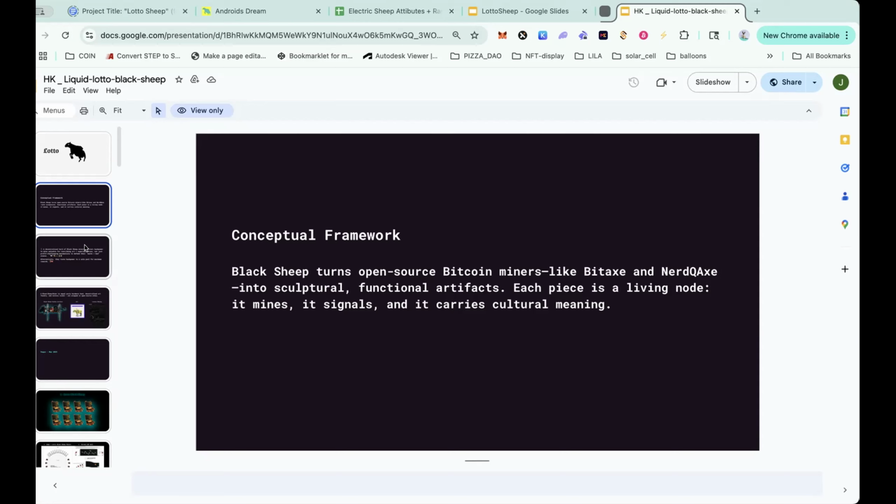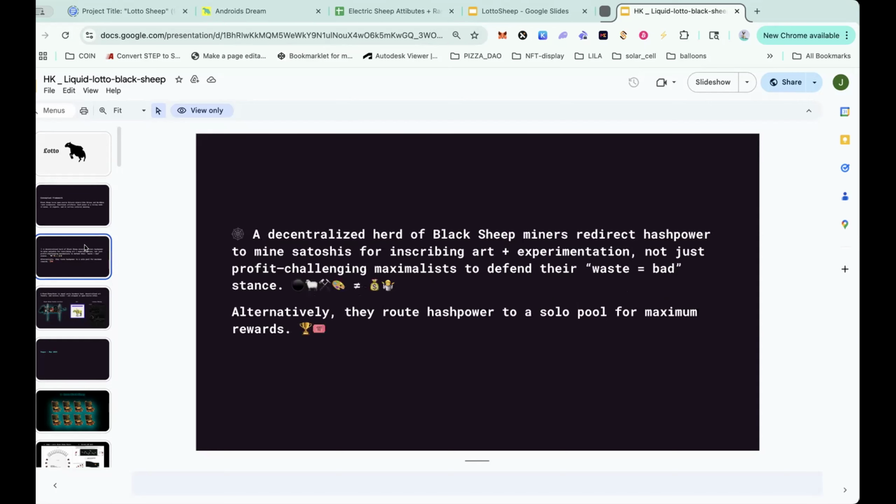Black Sheep turns open source Bitcoin miners like BitAxe and NerdQAxe, which are open source hardware platforms, into sculptural, functional artifacts. Each piece is a living node. It mines, it signals, and it carries cultural meaning.